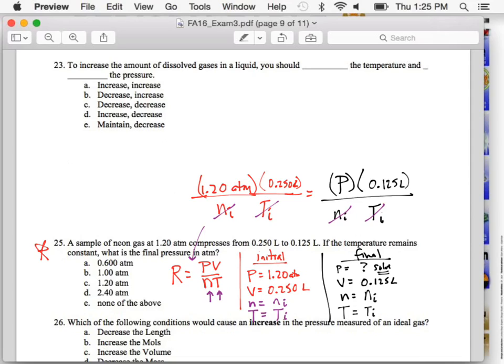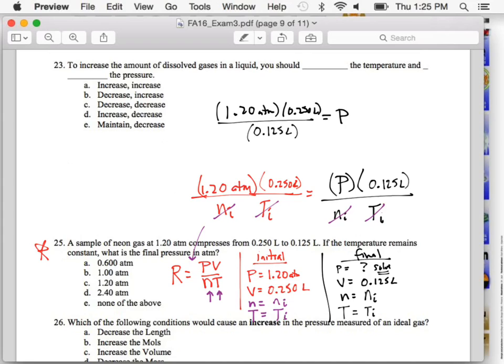What can I now do? My 1.20 ATMs times our 0.250 liters divided by 0.125 liters, and I now have my pressure. So the liters cancel out.